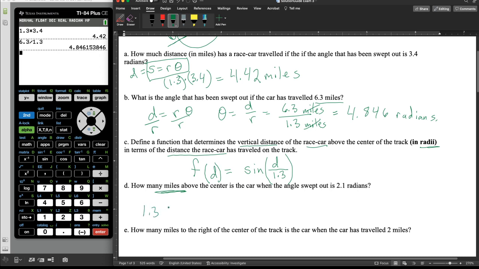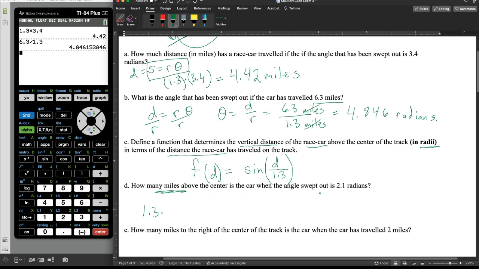So we're going to take 1.3 times the function at 2.1, and let's just not even use that function, because what I'd have to input is the distance, which I don't have. Okay, so let's think in terms of another thing.